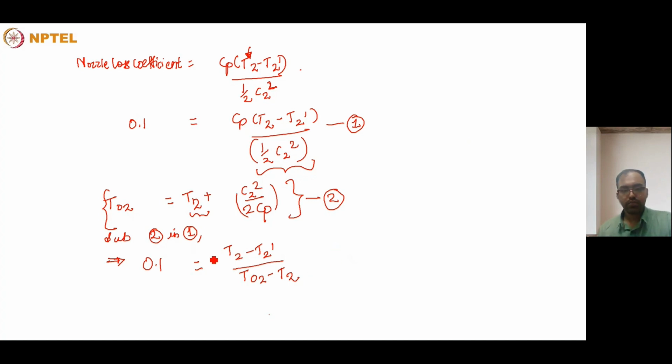So this nozzle loss coefficient can be represented in terms of the temperature difference between the isentropic and the actual values at the exit of the nozzle, divided by the stagnation temperature minus static temperature at the exit of the nozzle.